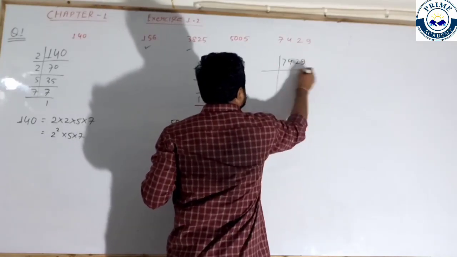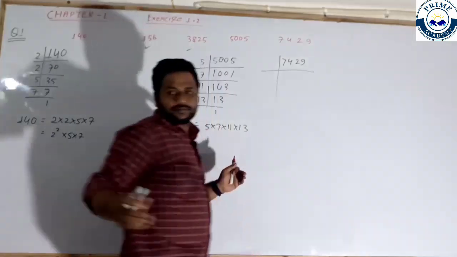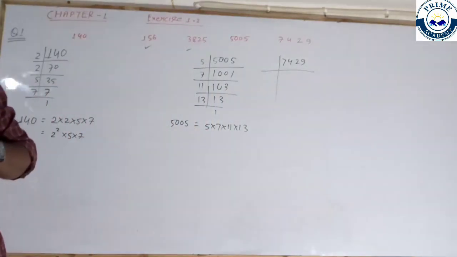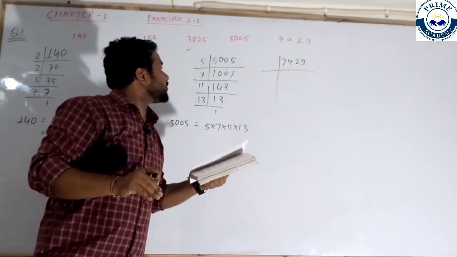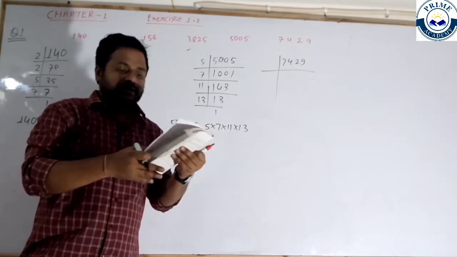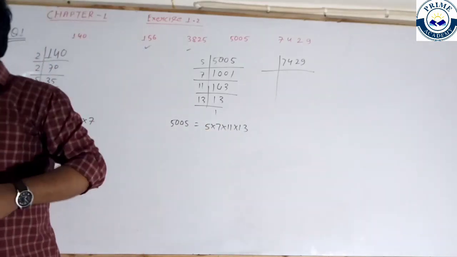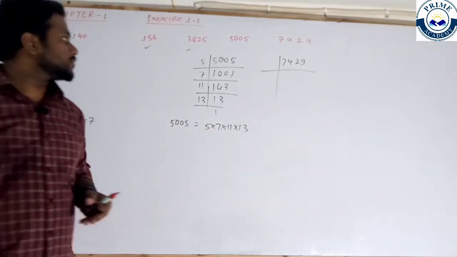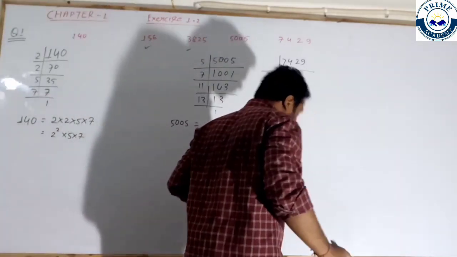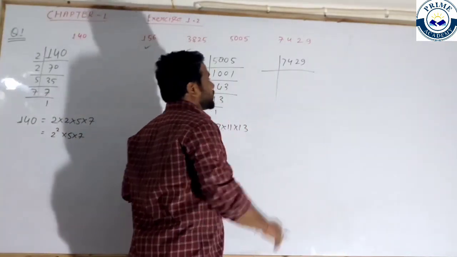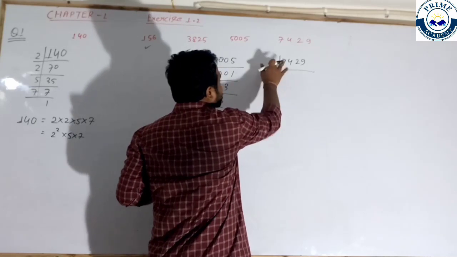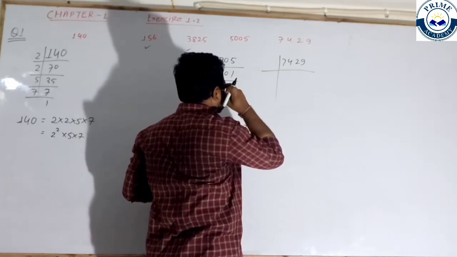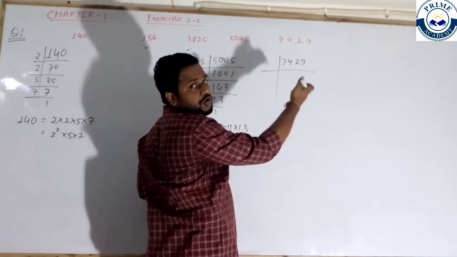7429. Let's see. This is the number 7429, right? For this number, it will not be divided by 3, and 7 I have already solved.